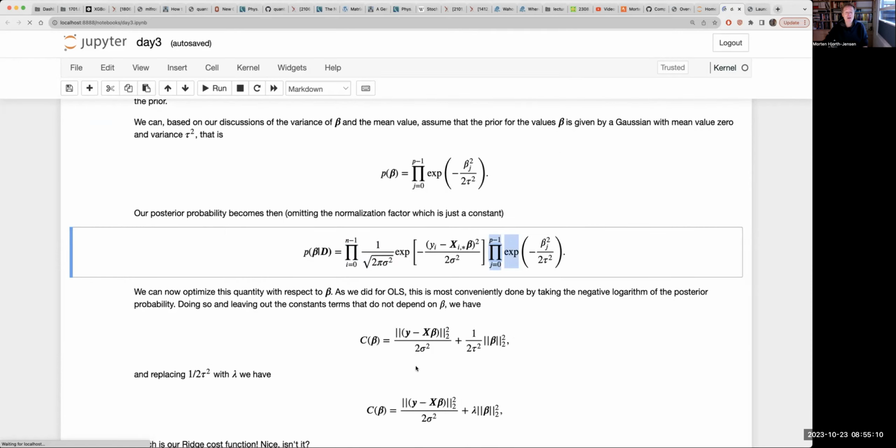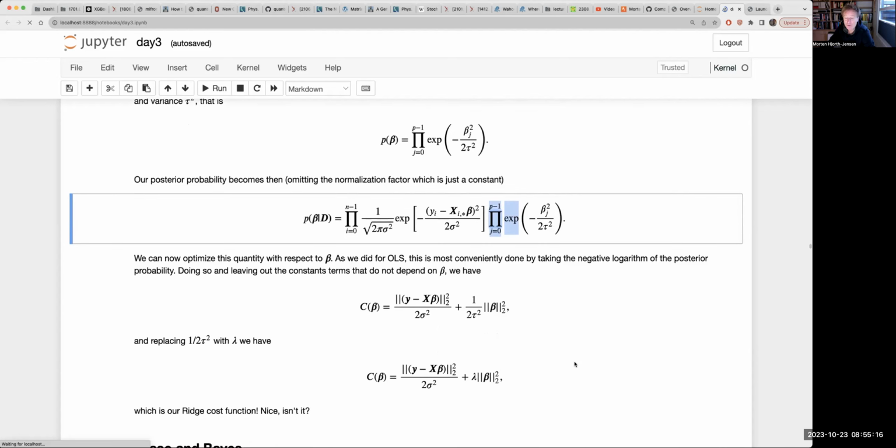Now, if you then look at this parameter lambda, which we had when we introduced the ridge regression, what we simply have then is that we can interpret this lambda parameter as the variance in the parameter beta. So making lambda huge means that we are making the variance of the parameter beta very small.